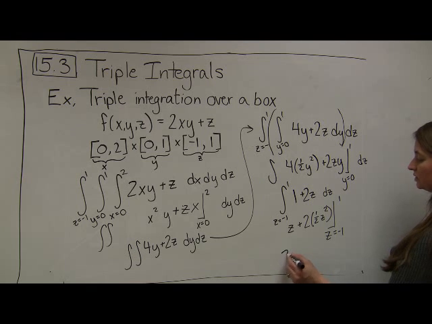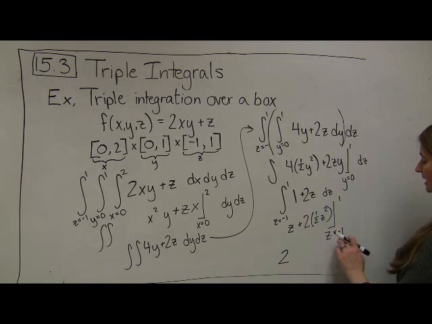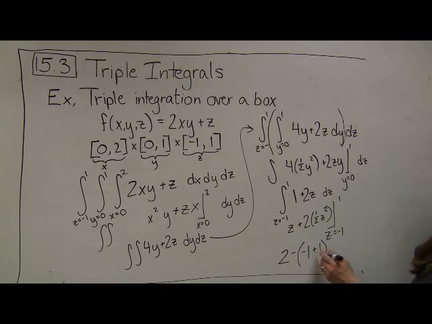So I get 2 plus 1, and then I subtract out -1 for z. So I plug in -1, and then z squared becomes -1 squared, which is +1 times 1, which is 1. So -2 plus 1, and I end up with a final solution of 2.